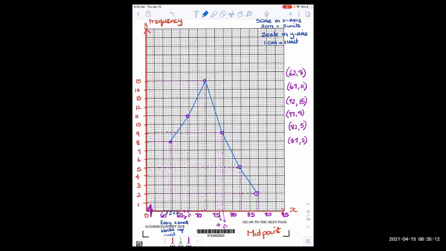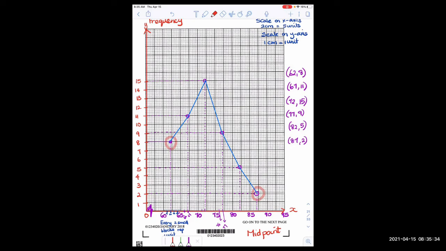Finish, miss. Is there anyone in the class still drawing the frequency polygon? No, miss. If you notice, the frequency polygon is open on this end and it is open on this end. We cannot leave the diagram like that.